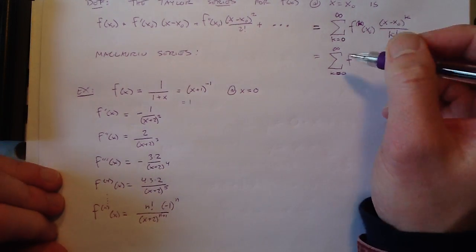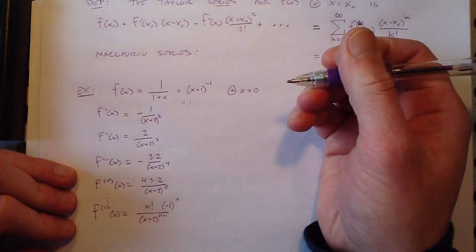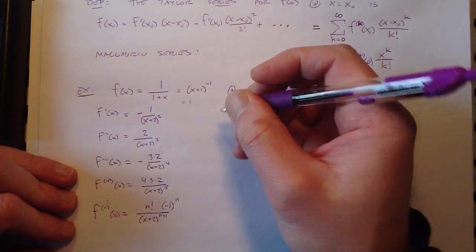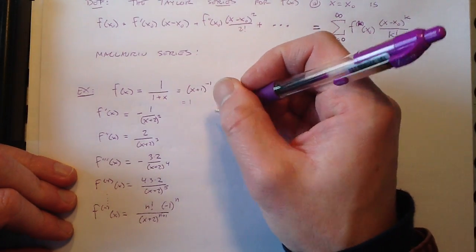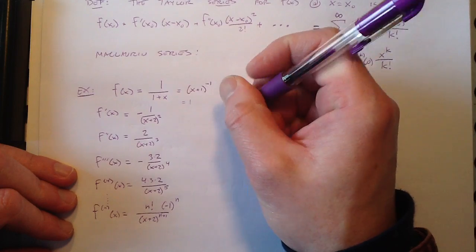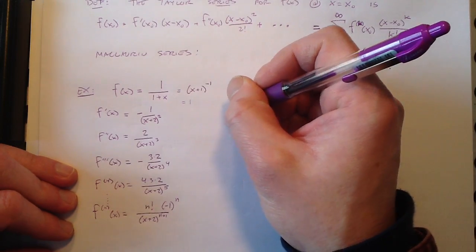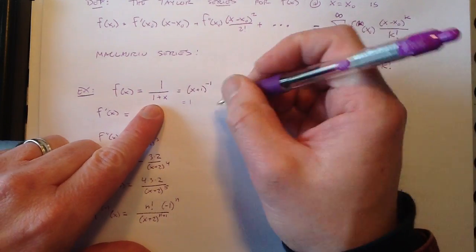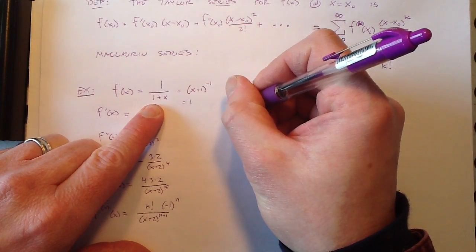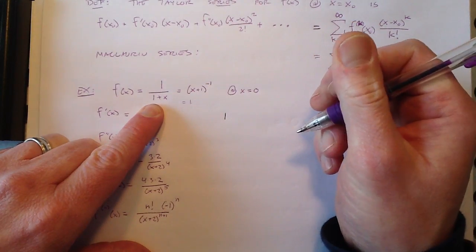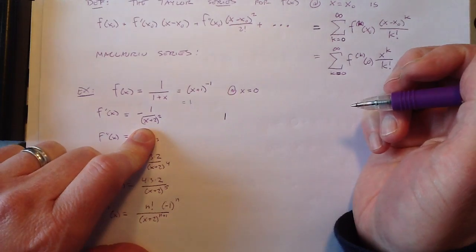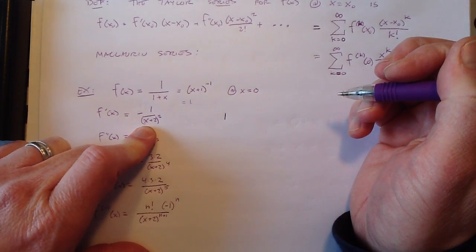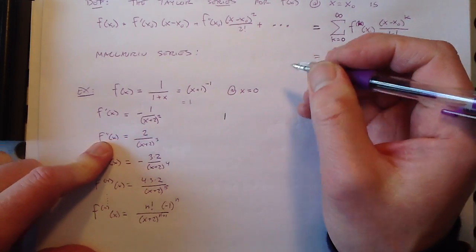Alright, let's try writing the first few terms of this out and see if we can recognize what's going on here. So the series is going to look like this. It's going to start with whatever the value of the function is, which is 1. Right? And then we have the derivative of the function. Why do I have all these x plus 2s?